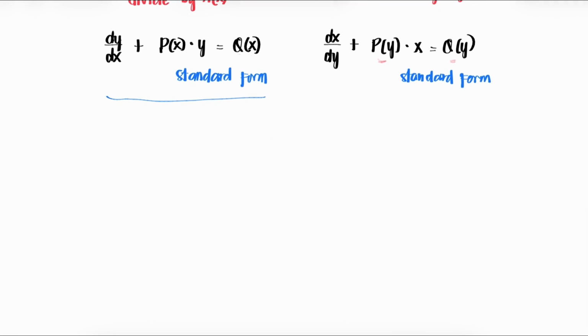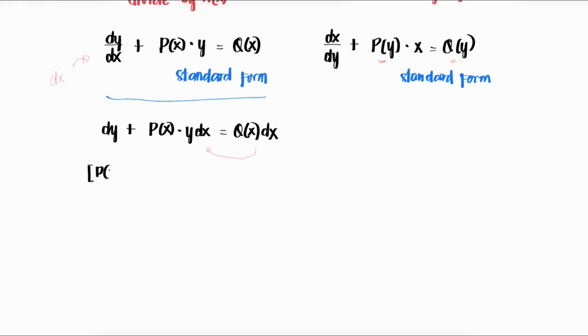So multiplying both sides of the equation by dx, we have dy plus p of x times y dx equals q of x dx. I hope that you were able to follow that one. We multiply both sides with dx. After that, we are going to group together all the terms containing dx, so we're going to transfer this to the other side. So we are going to factor it out.